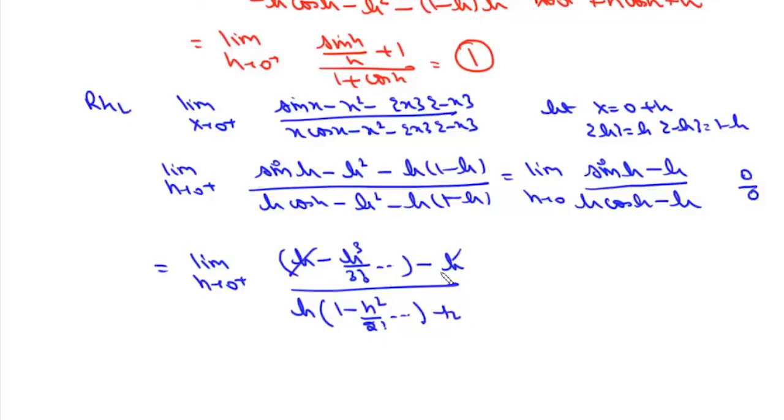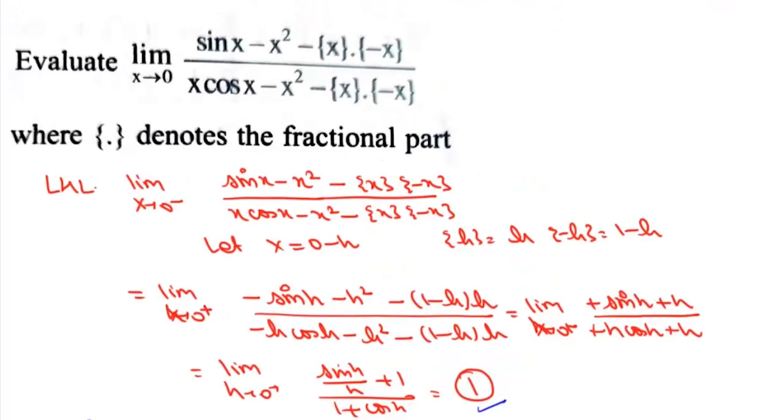Now here h and h will cancel, here also h and h will cancel. So minimum power in the numerator is h cube and minimum power in the denominator is also h cube. So answer to this limit is factorial 2 upon factorial 3, which is simply 1 by 3. So in this case, left hand limit is 1 and right hand limit is 1 by 3. So this limit does not exist.